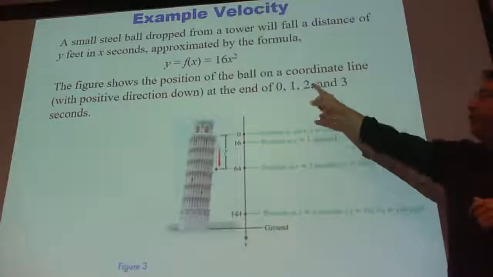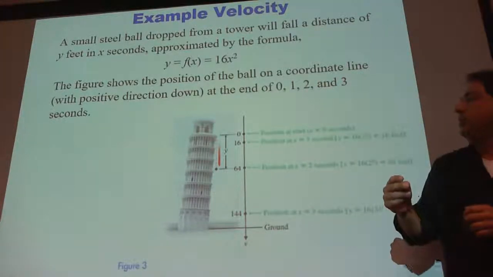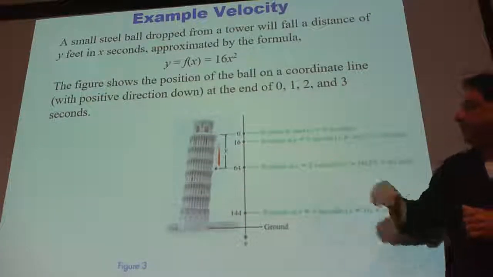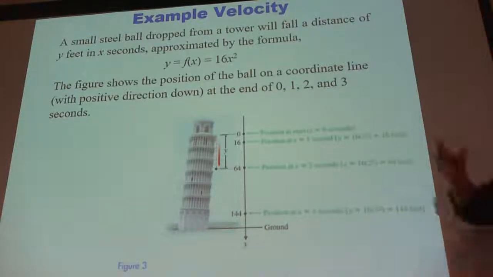Plug in 2. 2 squared is 4. 4 times 16 is 64. 2 seconds later, it's now 64 feet away from me. And if I plug in 3, it's 144 feet away from you. Okay? So the moral of the story is, if I plug in numbers, that's what you get.